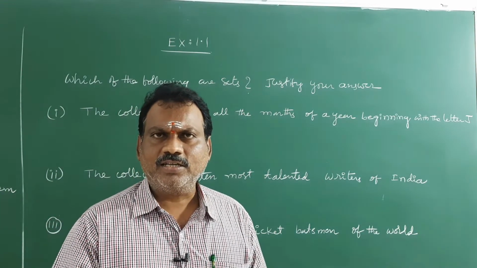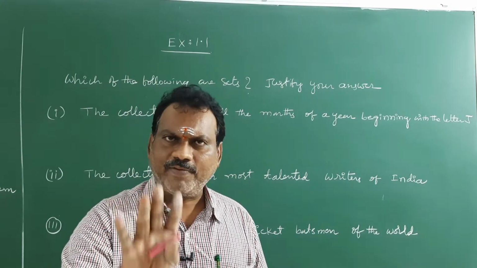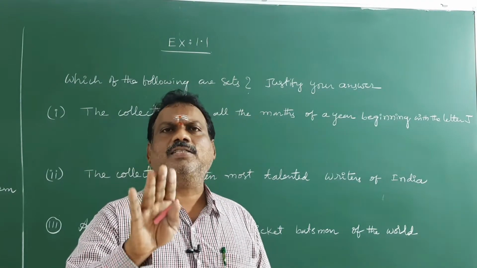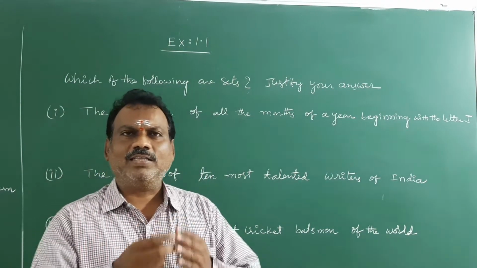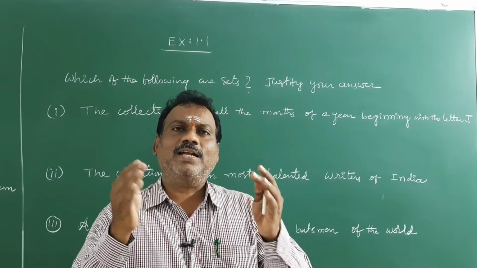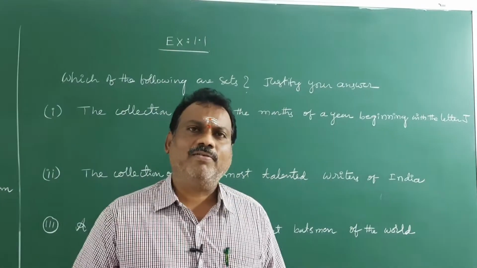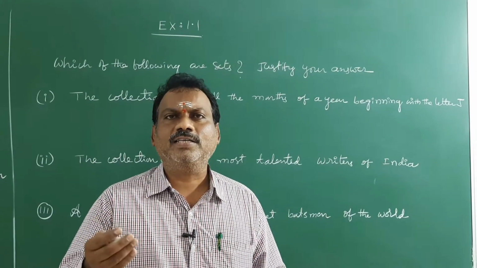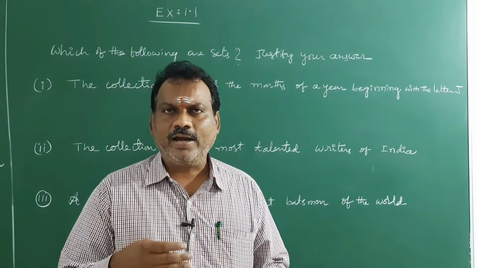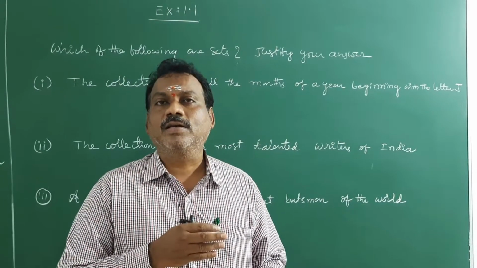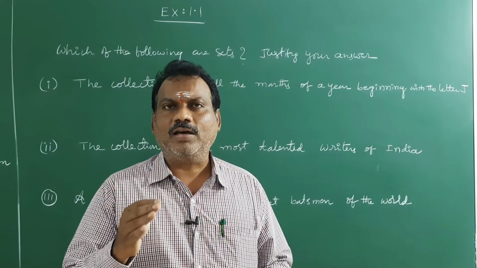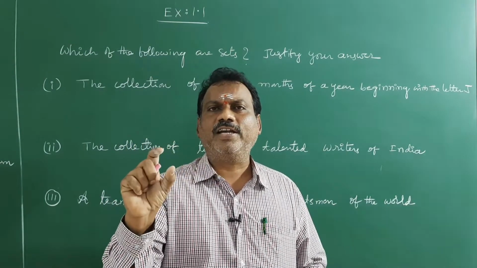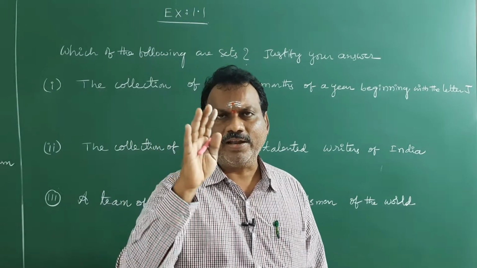Correct or not, students? These are well defined. Set means a well defined collection of objects. I told you what terms, if present, make it not well defined: famous, greatest, richest, poorest, dangerous. If those terms are contained in the given statements, they are not well defined.